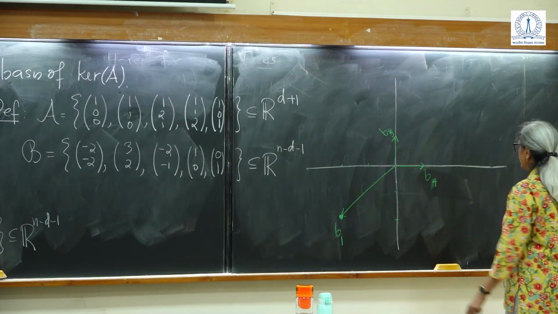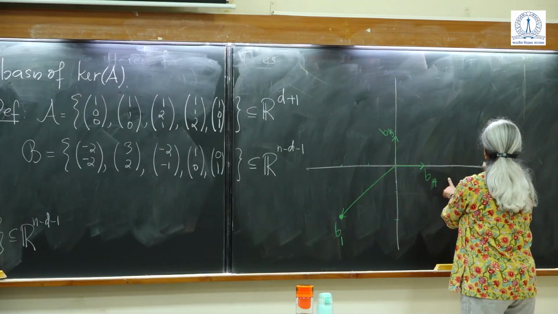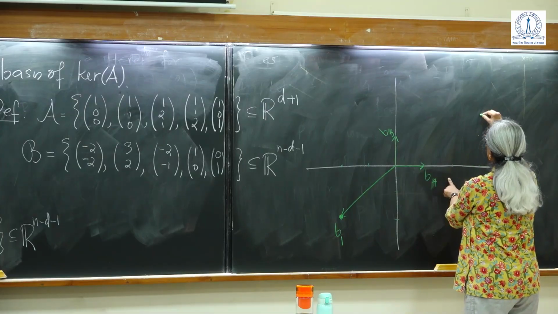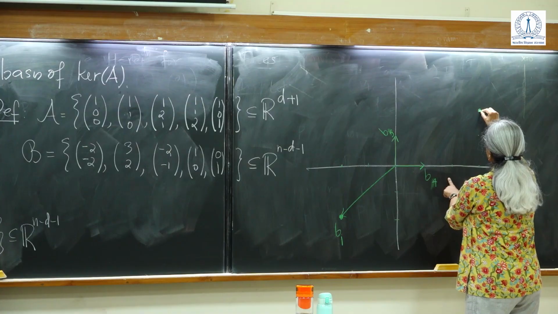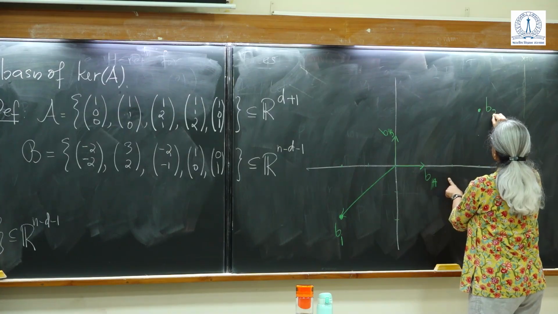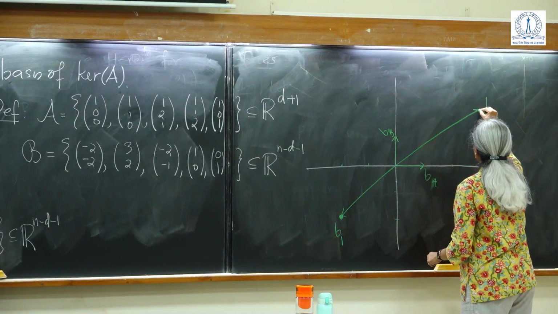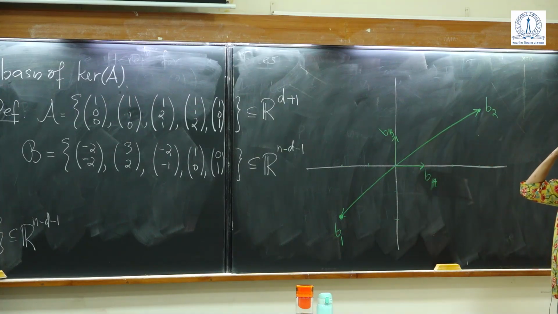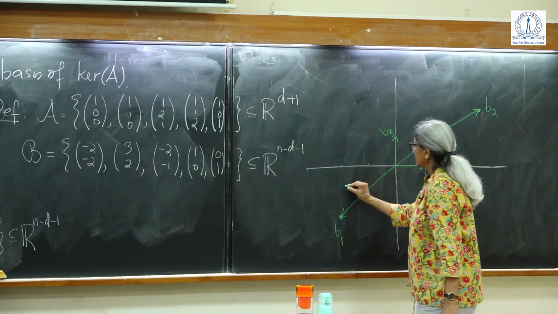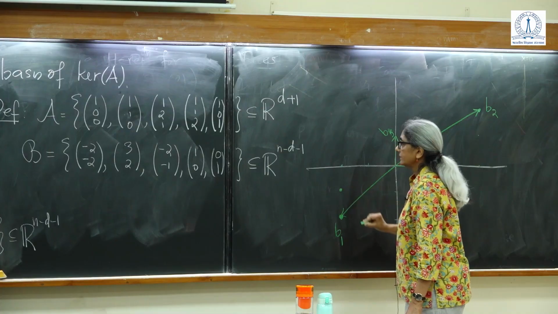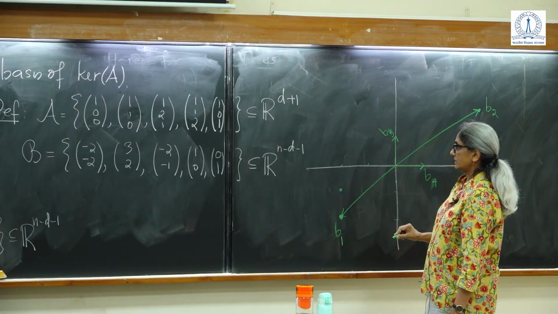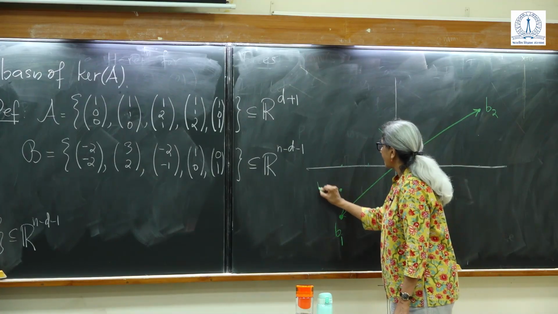And then we have 3, 2, which is somewhere here. So this one is B2. Okay. And then we have minus 2, minus 1. So like here, and that one is B3.